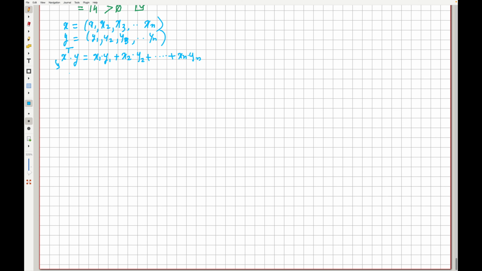We already looked at this, but this is just another example. Let's say we have a vector x which is 2, -1, 3, and we have vector y which is 4, 0 and -2.